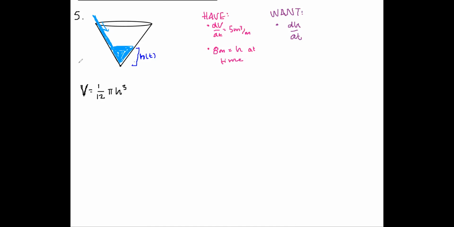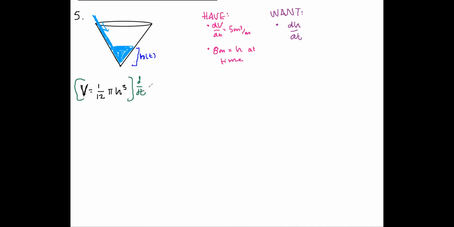What's my next step? So we know what height we want it to be at when we're determining the rate. Well, actually, I'm sorry, before we get there, should we take d/dt of this?